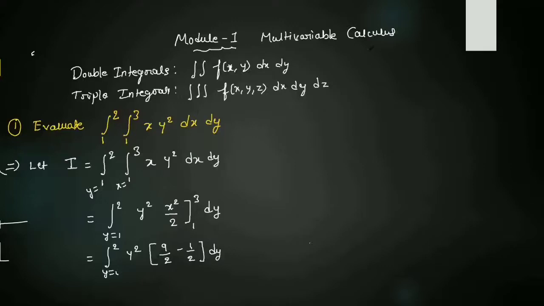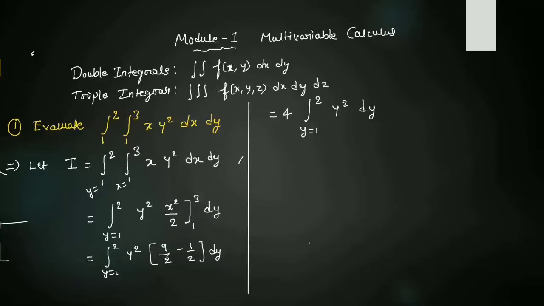What is 9 by 2 minus 1 by 2? 4. Yes, 4, because 9 by 2 minus 1 by 2 is 8 by 2, and 8 by 2 is 4. That 4 I will write outside the integral because it is a constant. The integral of y from 1 to 2 of y square dy is what remains.